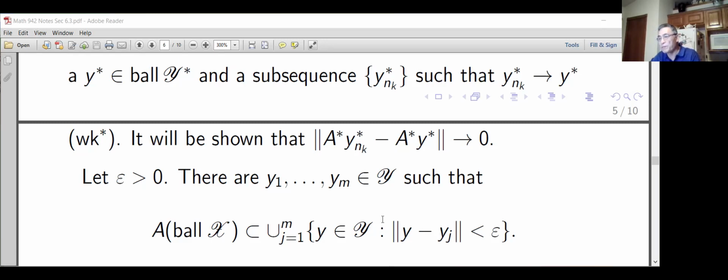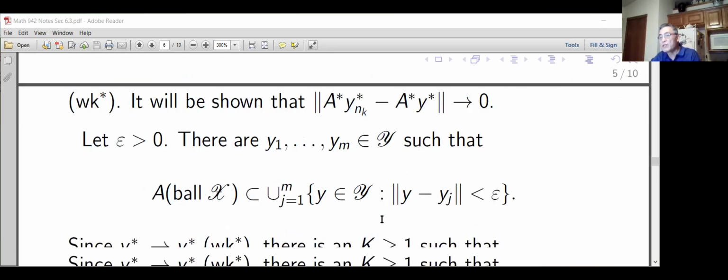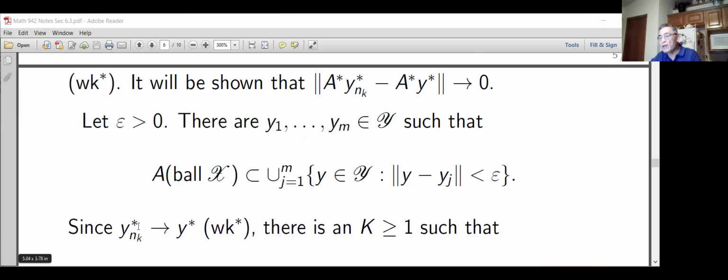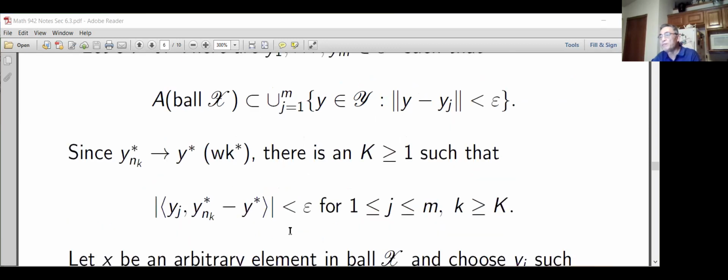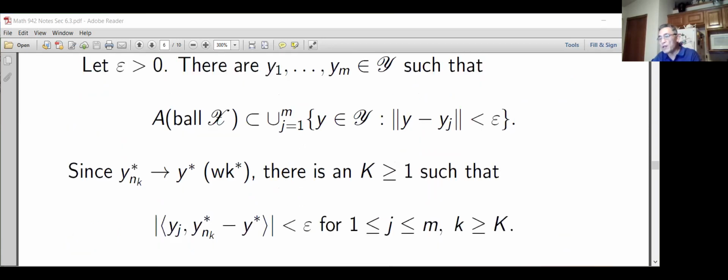Since y n k star goes to y star in the weak star topology, there is a big K greater than or equal to 1 such that the absolute value of the pairing yj, y n k star minus y star is less than epsilon, for j less than or equal to m and k greater than or equal to big K.